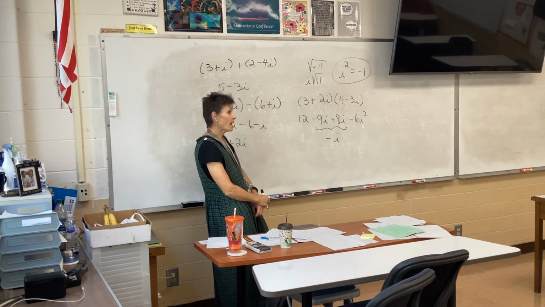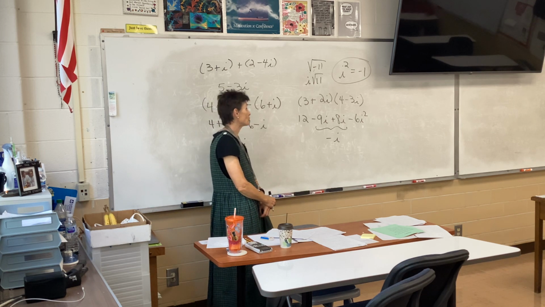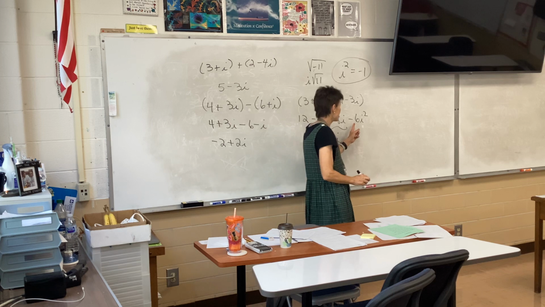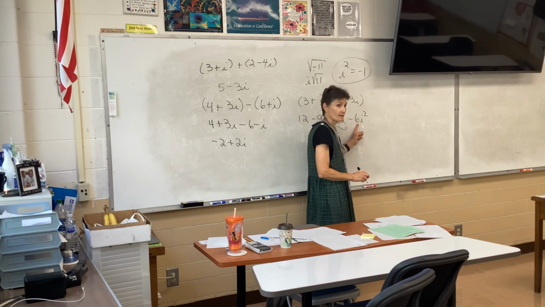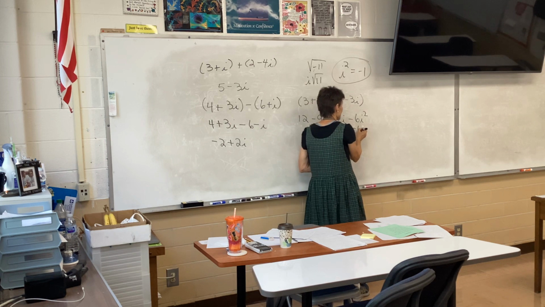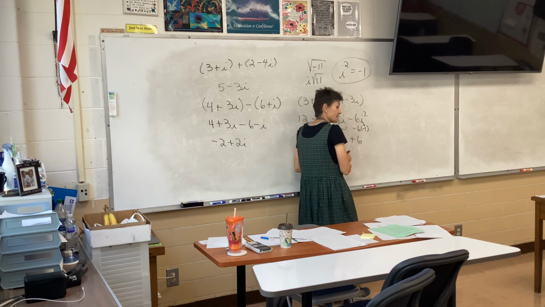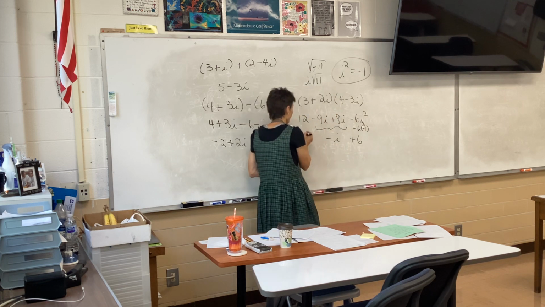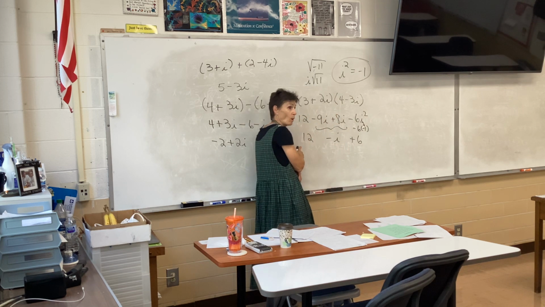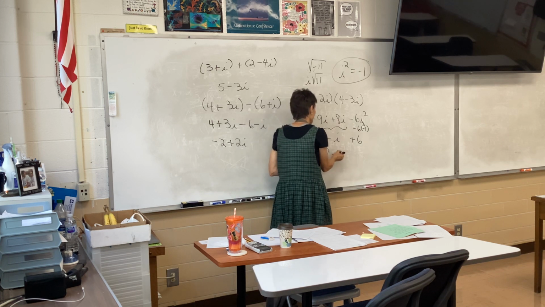So every time you see an i squared, oh, so Brendan, I see maybe what you're talking about. This is going to turn into a positive 6 because it's negative 6 times negative 1. This is a negative 1. So that's going to actually become a plus 6. Which then will add to the 12 in the front, and it's going to be 18 minus i.